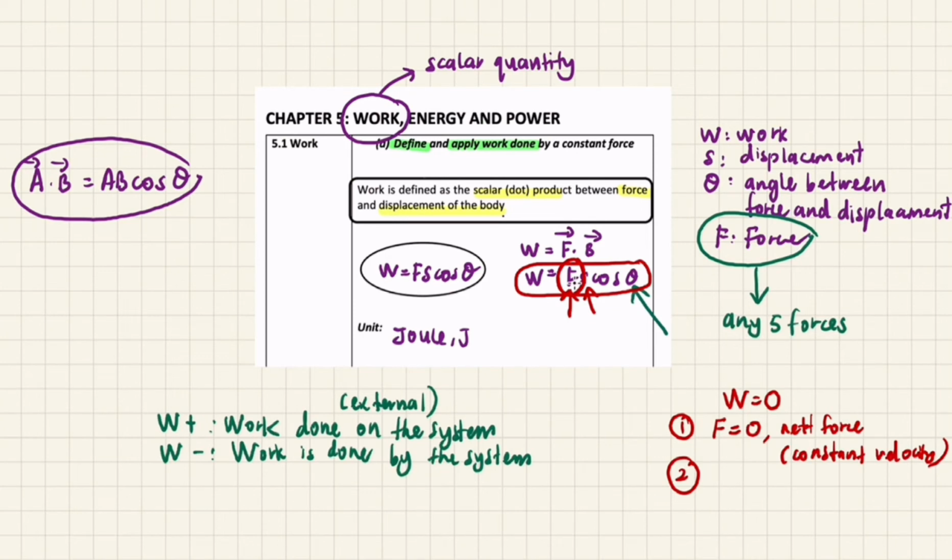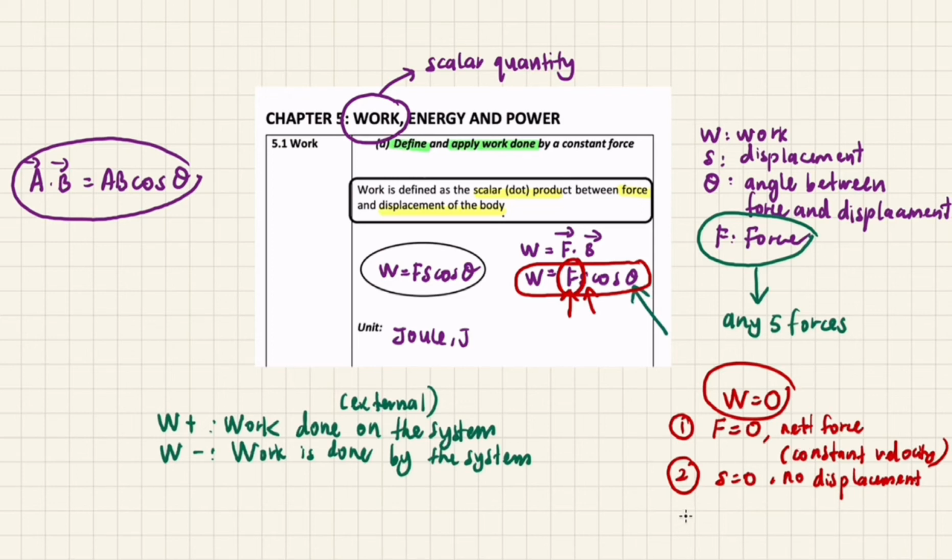So if there is no displacement, there is no beginning and end point, and S kita equals 0, work done kita will also be 0. So far ada 2, sama ada net force kita adalah 0, ataupun displacement kita menjadi 0.